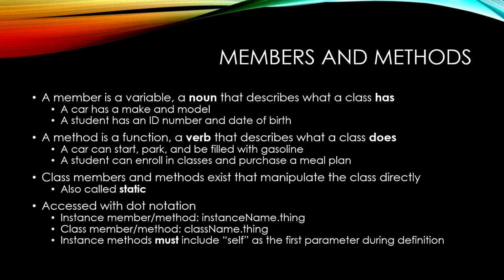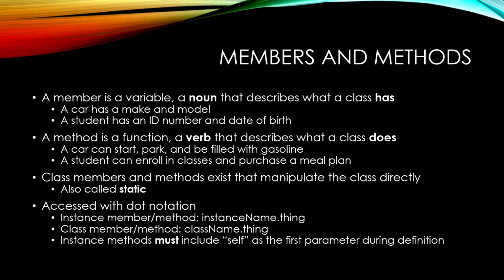So if you have a car class and you want to reference a static variable within it, you would say car dot whatever that is. If you had, say, a student object called James, and James has a student ID number called ID, you would refer to it using james.id.